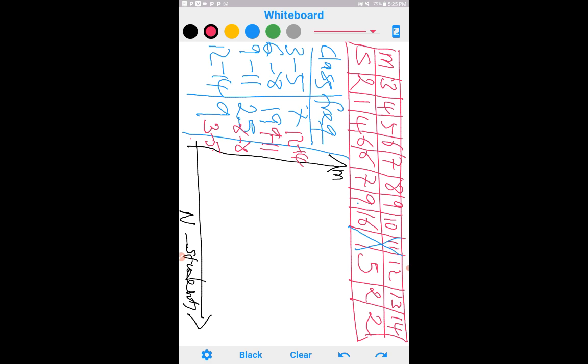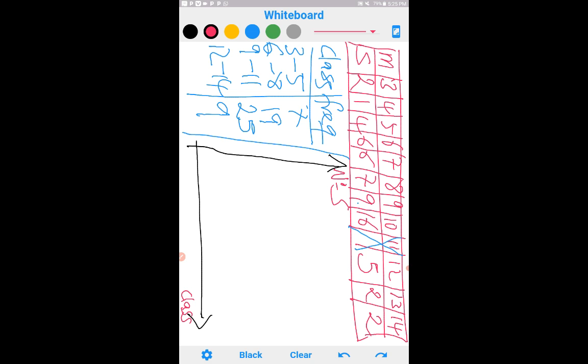So we are going to change this. Very good. So rather here we are going to put the class, and then here now we are going to put the number of students.